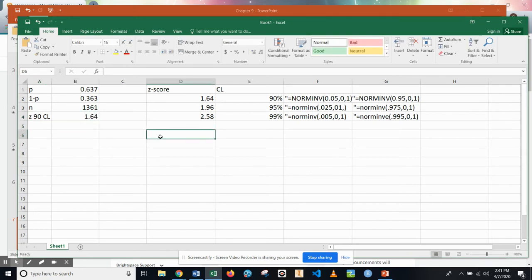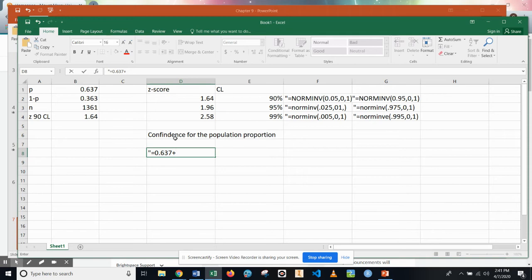So if I want to make my confidence interval for the population proportion of people that would drink bottled water, I would start by putting in my point estimate.